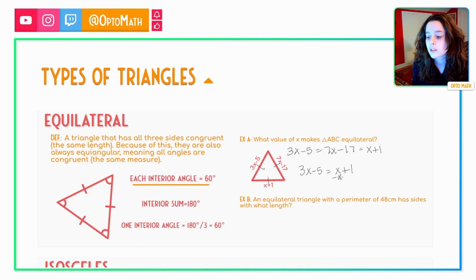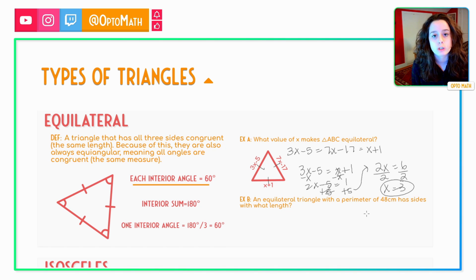We subtract x from both sides, and we get 2x minus 5 equals 1, and then we add 5 to both sides. Continuing on, we get 2x equals 6, and dividing both sides by 2, we get that x is 3.